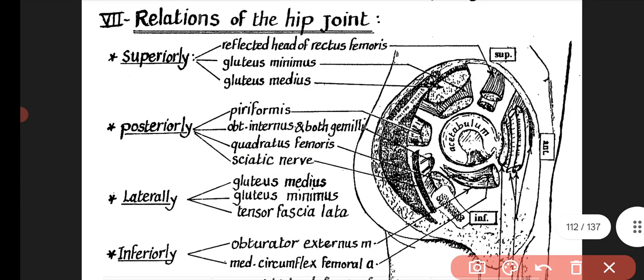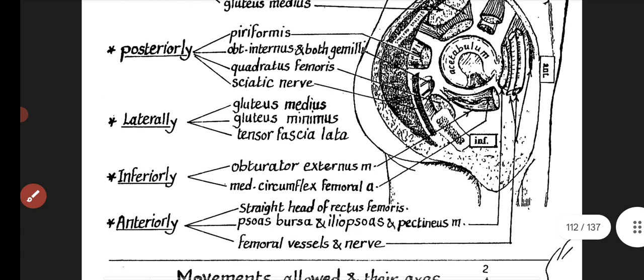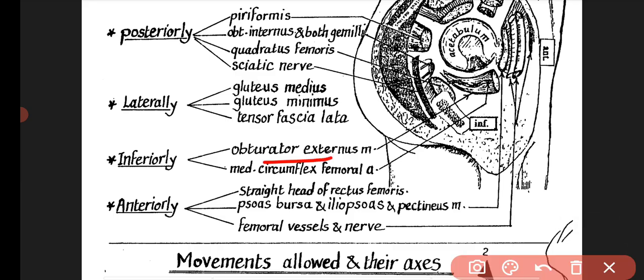Laterally, gluteus medius, gluteus minimus, and tensor fasciae latae muscle. All muscles are there, and inferiorly, obturator externus muscle and medial circumflex femoral artery.